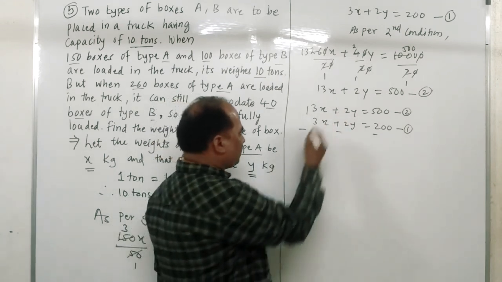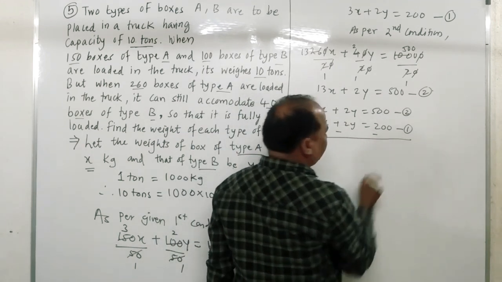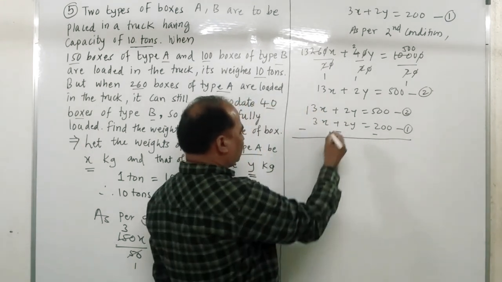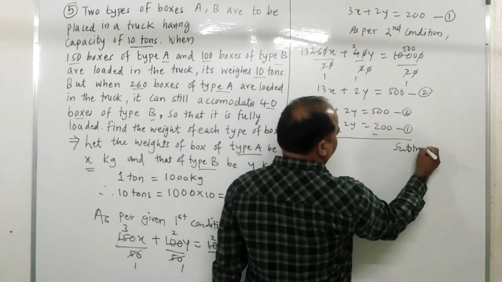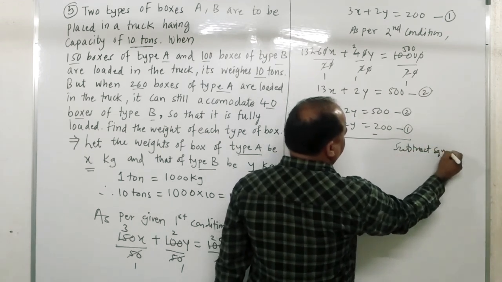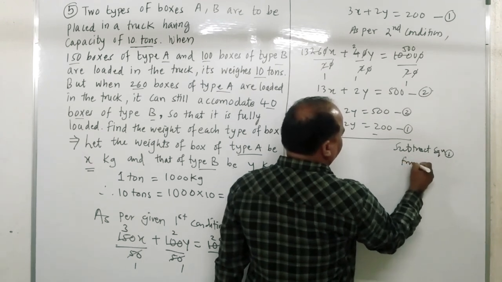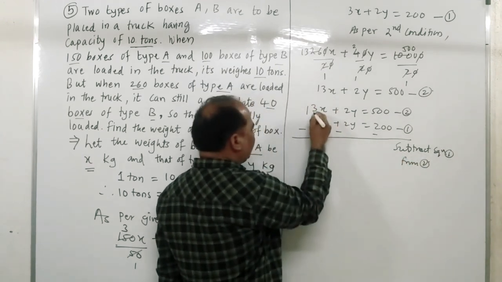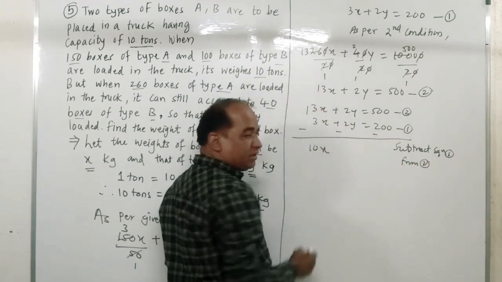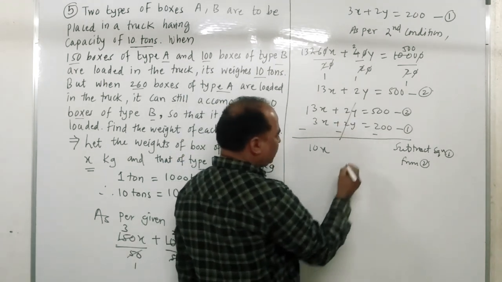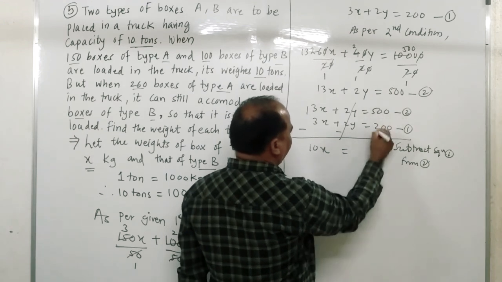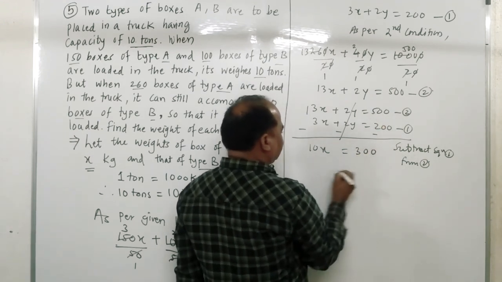So we have to subtract so that one variable can be eliminated. Subtract equation 1 from 2. We get 13x minus 3x is 10x, and 2y minus 2y cancels, equal to 500 minus 200 is 300.